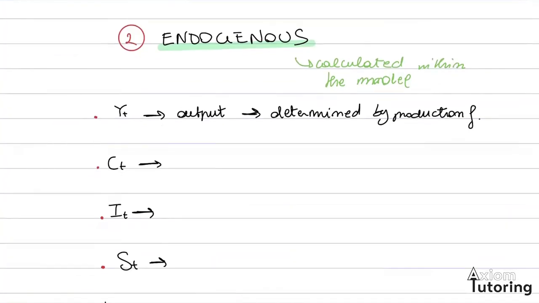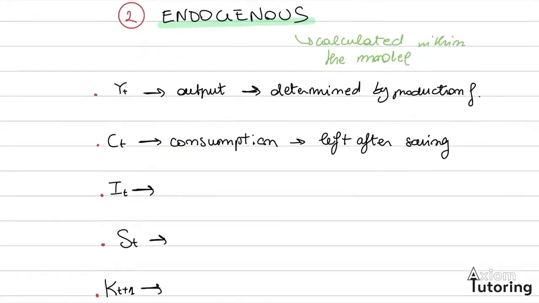Then we're going to have consumption. It's another very important variable that is going to become more relevant later on. Consumption is a part of our equation, and it is going to be determined as everything left after savings. And of course, then we're going to have savings and investment. As we are going to see, these are going to be quite crucial for the dynamics of our Solow growth model.